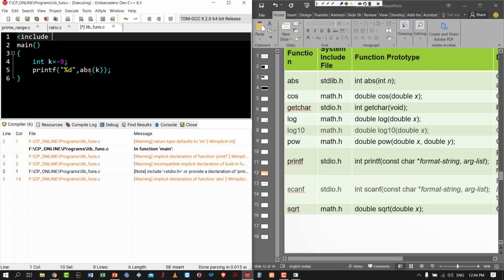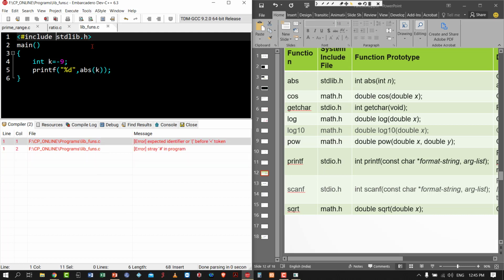Here the system library is stdlib.h. Sorry, here there's a hash also. I think some syntax error is there. Sorry. This is the way to include the library file.